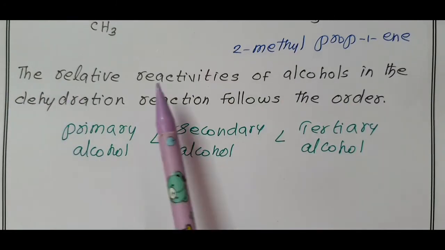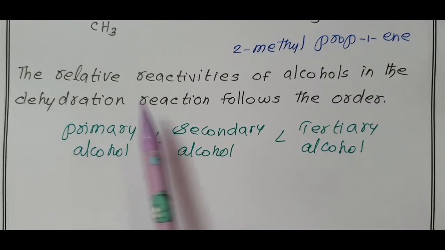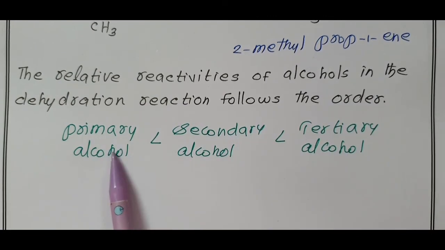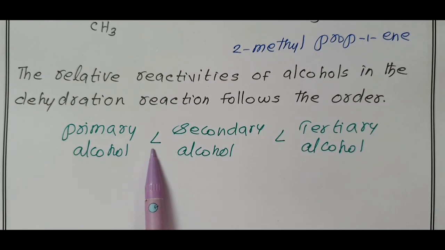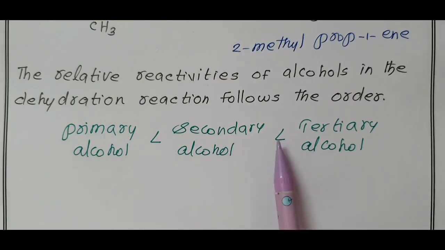The relative reactivities of alcohols in the dehydration reaction follow this order: primary alcohol is less reactive than secondary alcohol, which in turn is less reactive than tertiary alcohol. So this is the elimination reaction of secondary and tertiary alcohol.